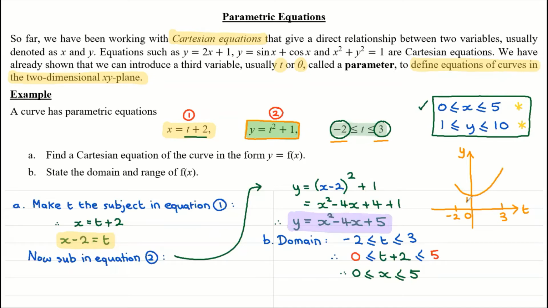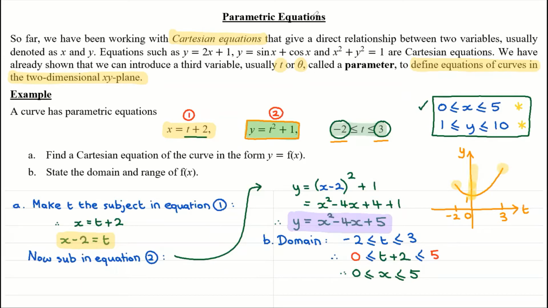Right, now for the range, we could look at what would the shadow be if we shone a light from either side of this function. What shadow would it cast on the y-axis? Well, it's going to have a minimum point at 1. Clearly, it's defined up to this point here, but obviously it's also going to go further up to correspond with this point over there. So we need to find out what those y values are.